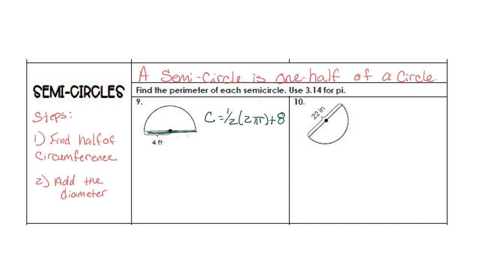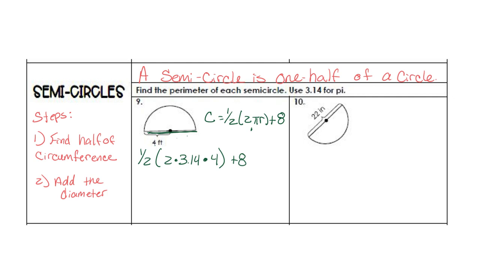So in here, we're doing this section. The whole problem is 1/2 times parentheses 2 times 3.14 times, the radius is 4, plus 8. So there's the whole problem.